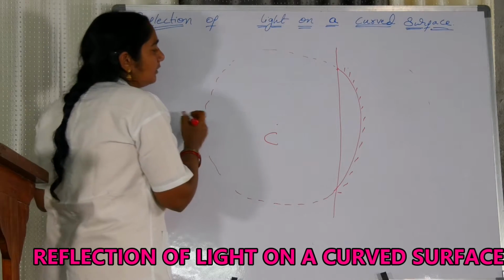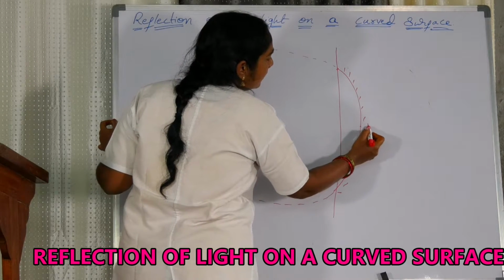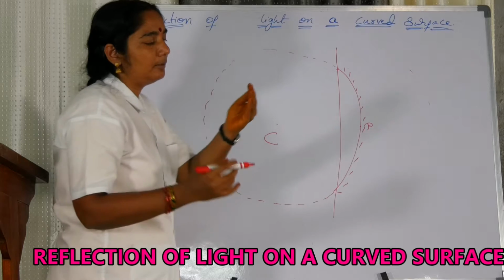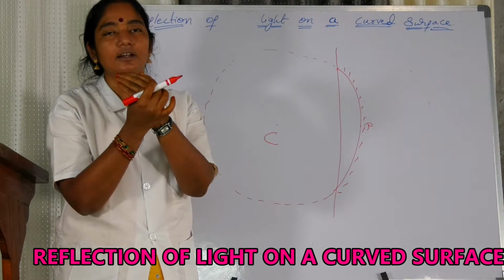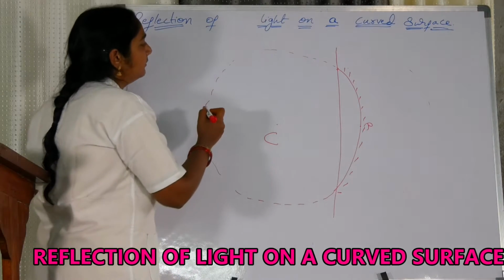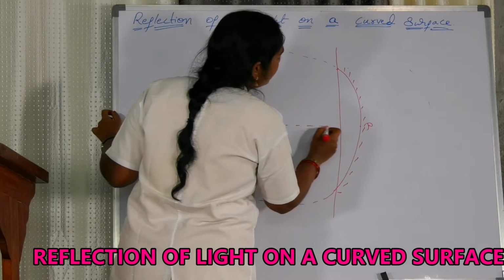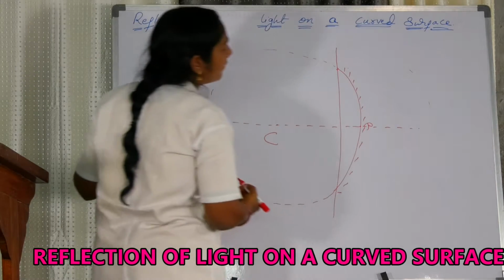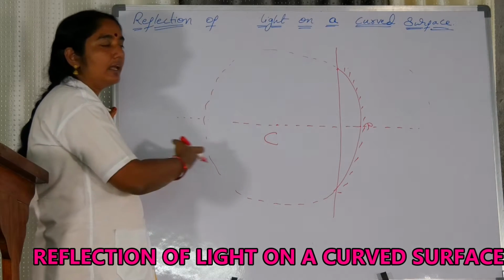And generally this center is called the pole of the mirror. Meaning if this is a mirror, this part, the center, is called the pole of the mirror, and an imaginary line which is drawn joining the center of curvature and the pole of the mirror, we generally call it the principal axis, or even the axial line.